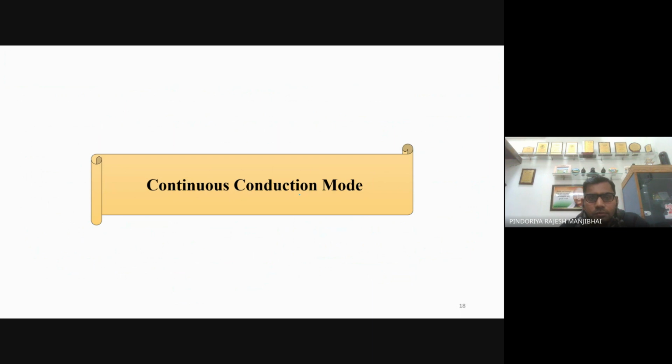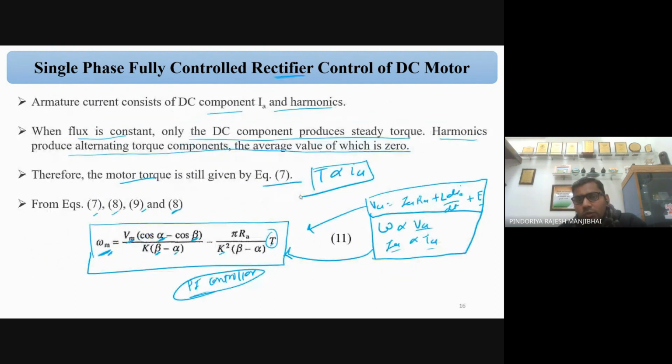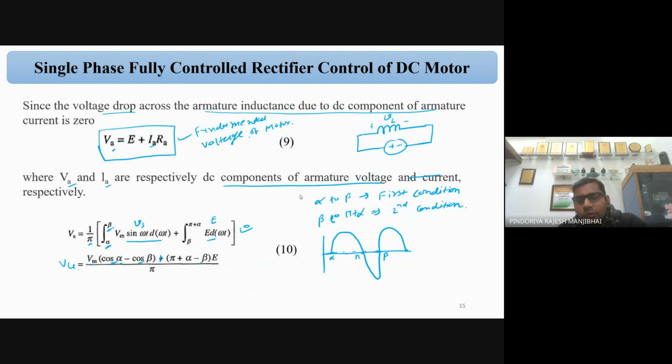So from equation number 1 to equation number 12, we covered the fully controlled rectifier fed DC motor with the discontinuous mode. Discontinuous mode is a little bit tough because we have to consider alpha and beta.